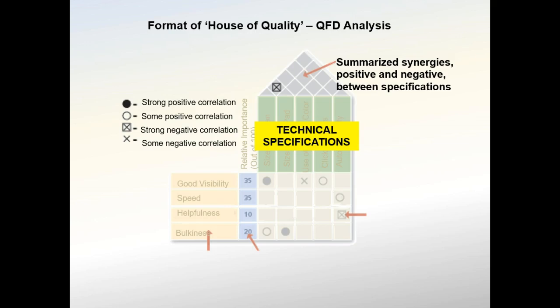That's that agility I was talking about in previous lectures. Now, these technical specifications are listed across the top of the diagram, and the roof of the house of quality is formed by a table in which to mark any links or synergies between specifications.